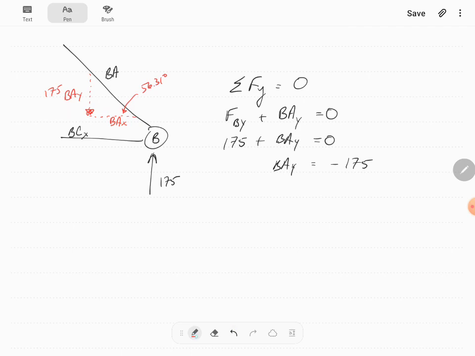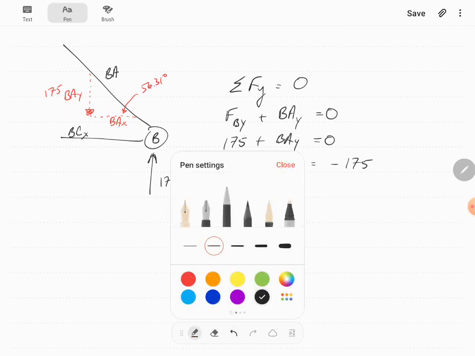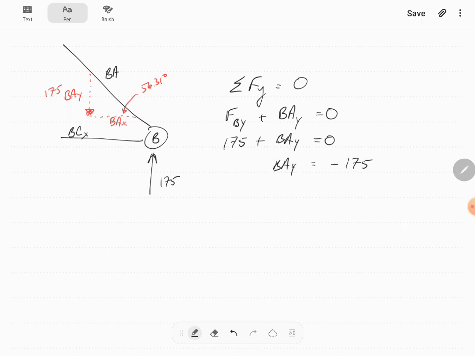So what? Now we do our sine, cosine, and tangent. We know that that is an opposite side and an adjacent side. So that will be tangent. Tangent of the angle that we are given, 56.31, is equal to the opposite side, 175, over the adjacent side, which is what we're about to find out, BAX.